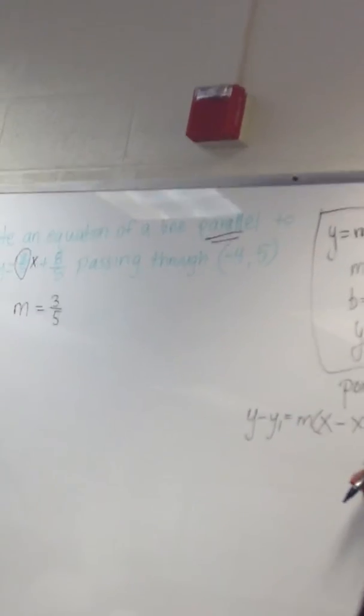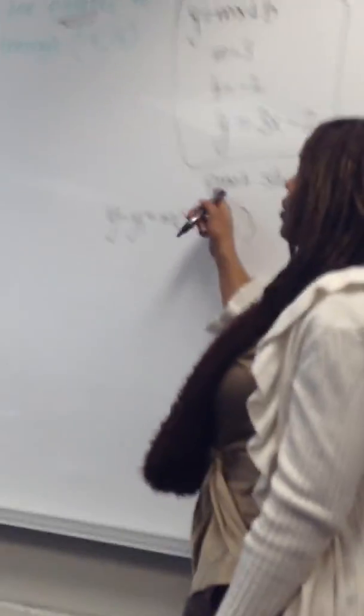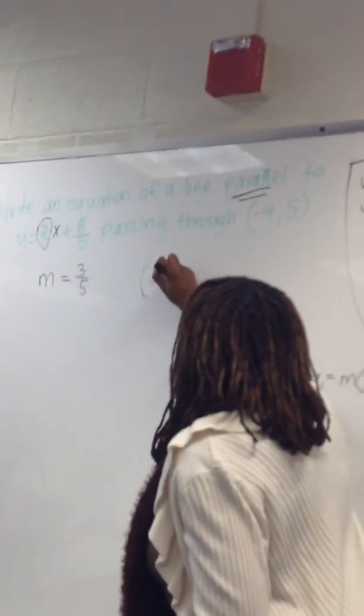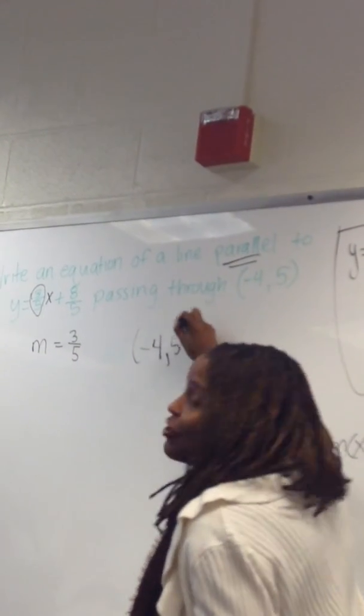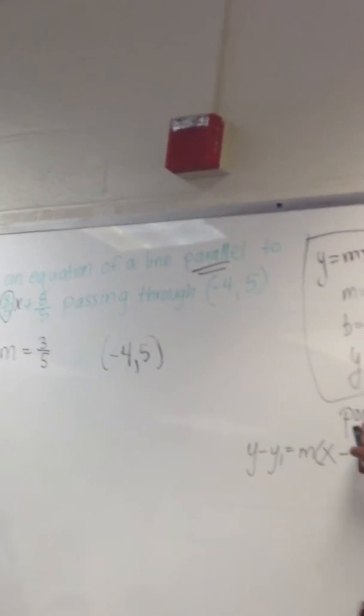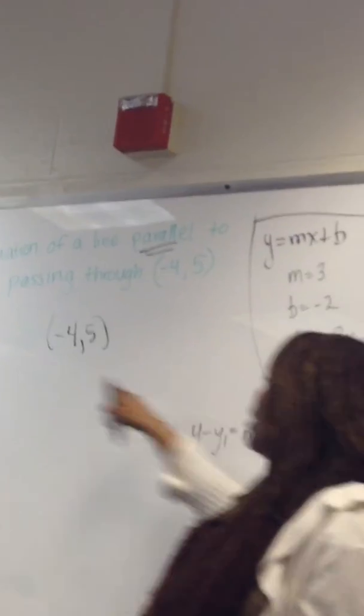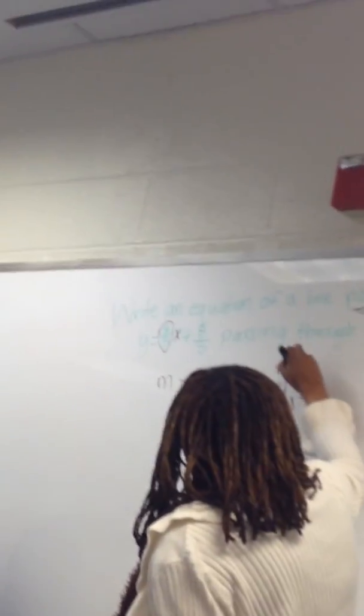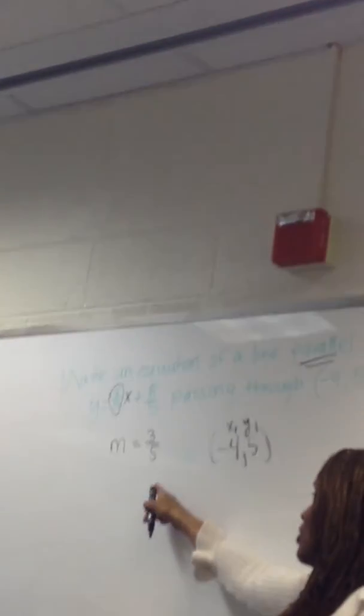It's called point slope because if you know a point that this line travels through, and you know the slope, then you just substitute it here. This is your x1, y1, and that's your m. You plug it in, and then you simplify it, not reduce it.